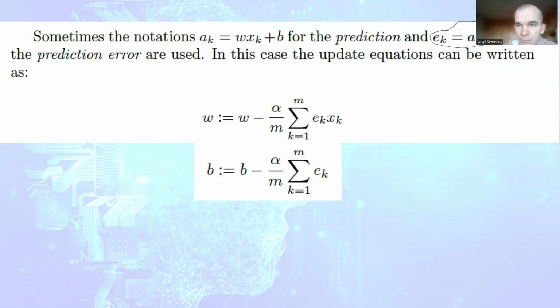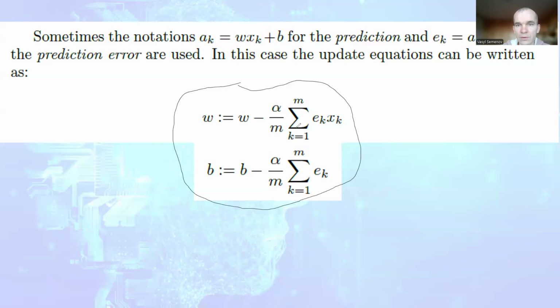If we define this error by E, then the update equations can be written in a more compact way. So w is just updated with the weighted scalar product of features and corresponding errors, and intercept b is updated just by a weighted average value of all errors across the whole training data set.